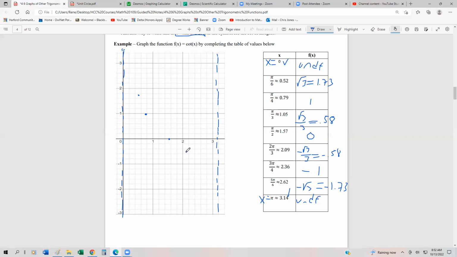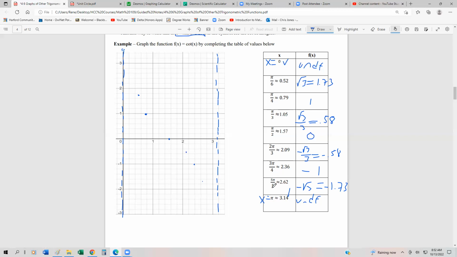And then 2.36 and then negative 1. So somewhere down here. And then finally, we have 2.62, and then somewhere down here is going to be that negative 1.73, so something like this, okay?